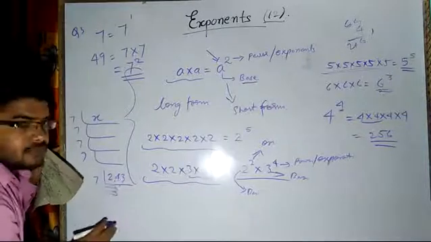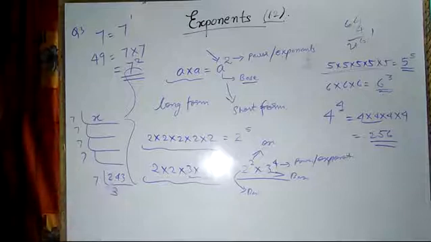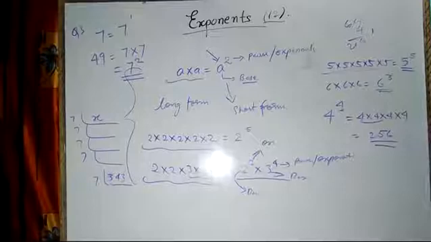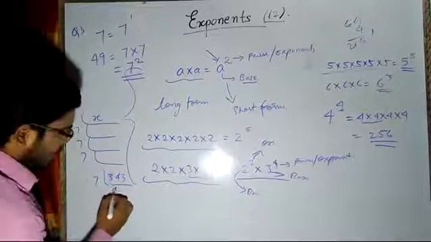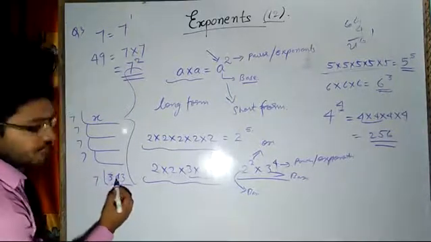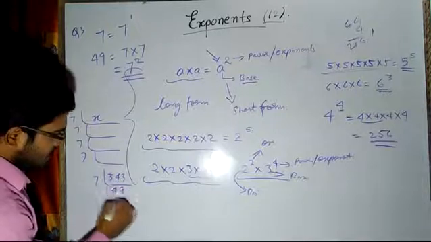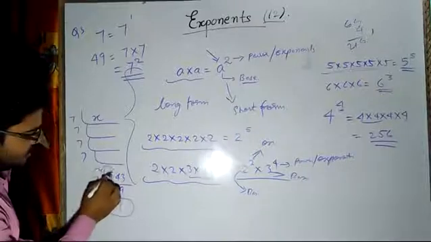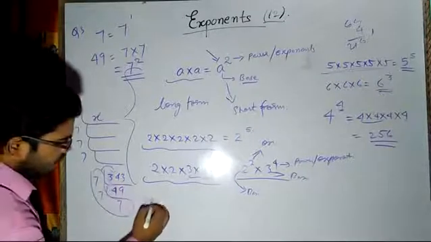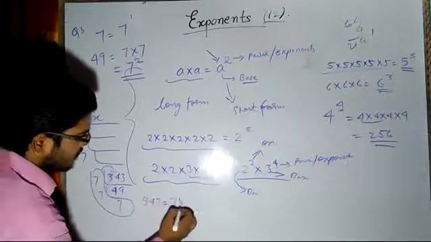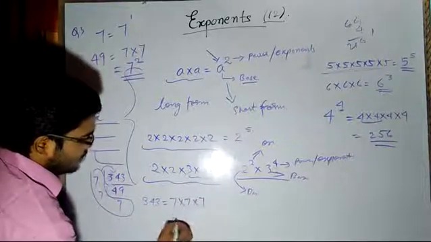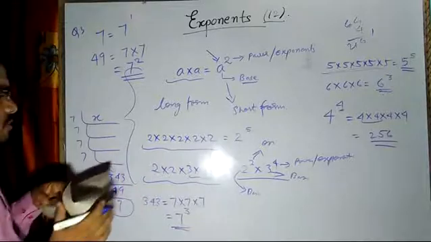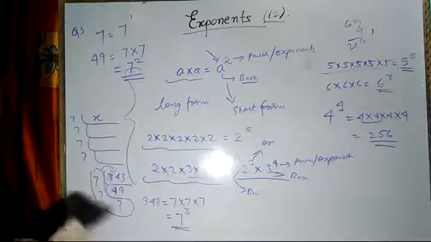Then 7 7s are 49. So we have done the prime factorization of this particular number. So I can write 343 is equal to 7 into 7 into 7, which means 7 raised power 3. So in this way you will go for bigger numbers and then try to find out the powers of 7.